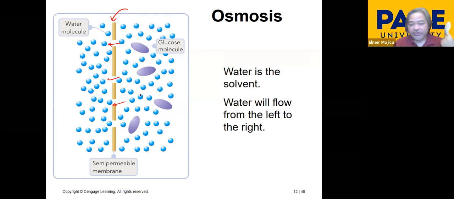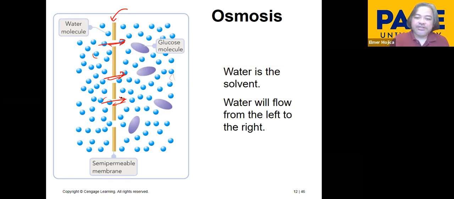And usually the movement is from what? A dilute solution going to a concentrated one. The water here is the solvent, and the water will flow from left to right. So what happened here? This will become more dilute. This is concentrated, and this is the least diluted.